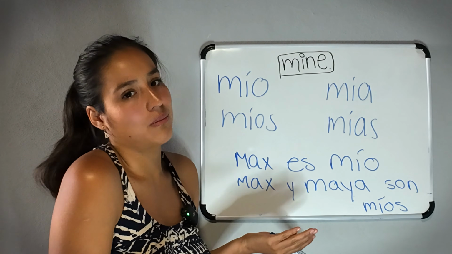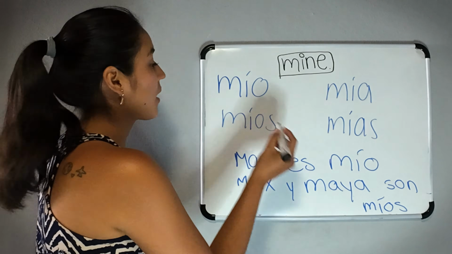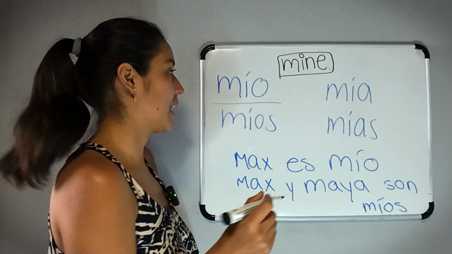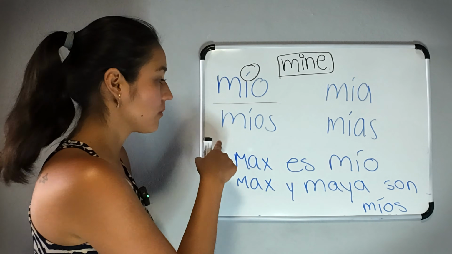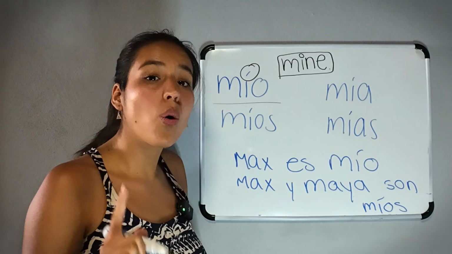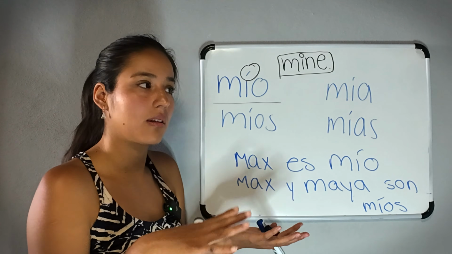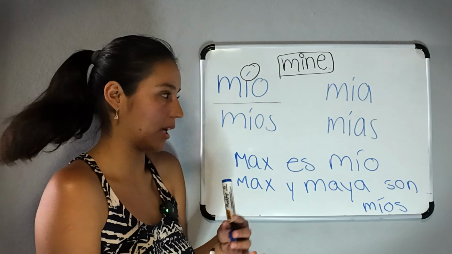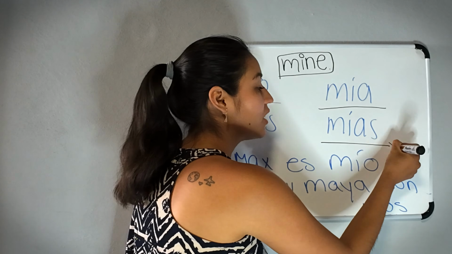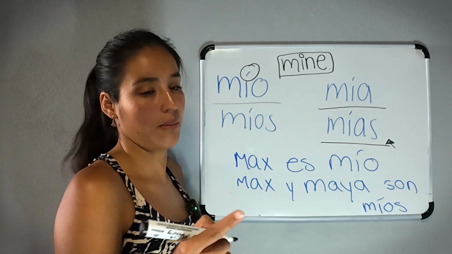It doesn't matter if it was feminine or masculine. In this one, we have to make the difference. So, mío, if it is masculine and singular, and has accent. Míos, it's masculine plural, or it's plural and a mix between female and male. Mía, if it's feminine, and mías is just if all of them are feminine. It's not a mix. All of them have to be feminine.